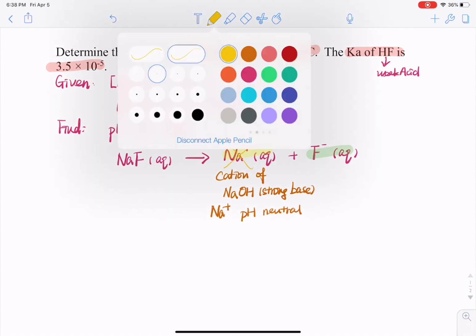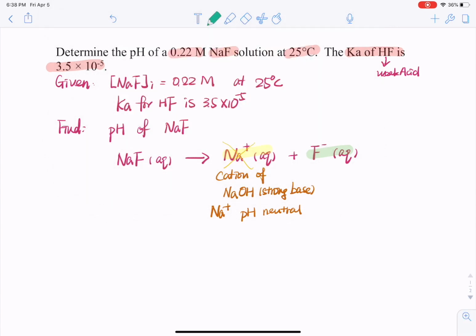Apparently the fluoride ion is going to give us a story, so let's see what the story is about. Fluoride ion is the conjugate base of HF, which we already talked about. This is a weak acid.